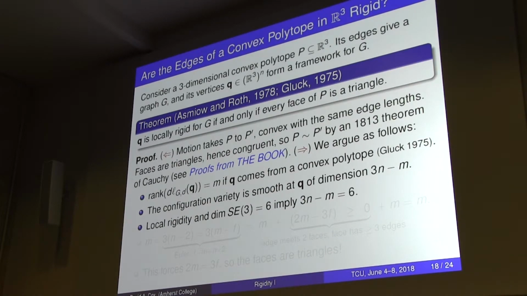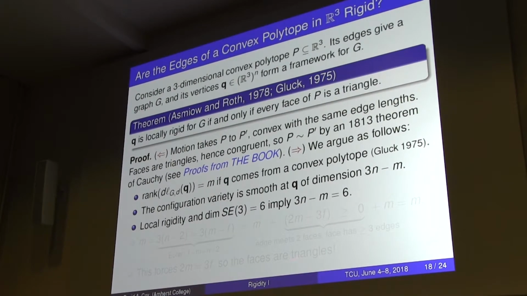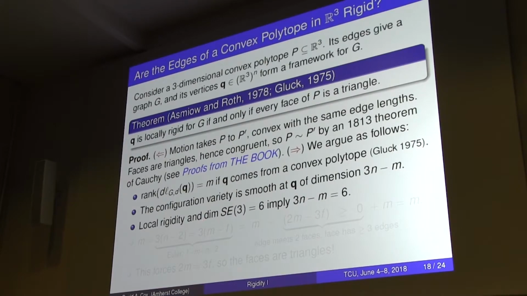So my configuration variety near Q just consists of trivial motions. I'm a 3-dimensional polytope, so I have to span, and this is 6-dimensional. So locally near Q, local rigidity says the configuration variety has dimension 6. So this number is equal to that number.